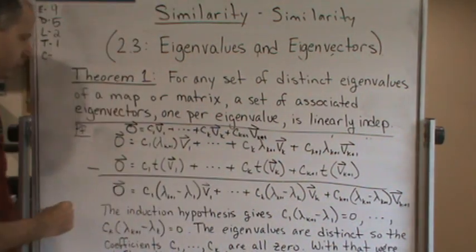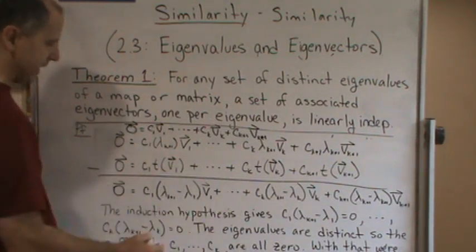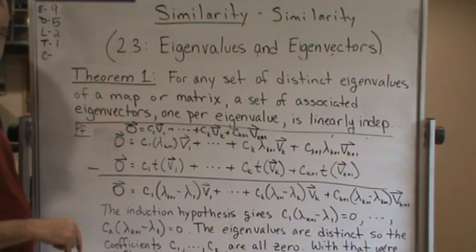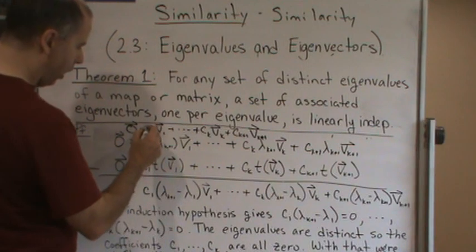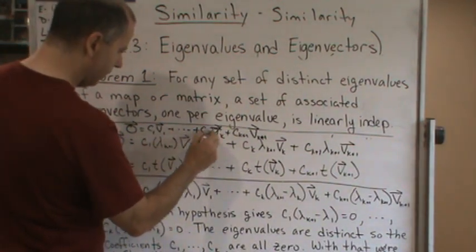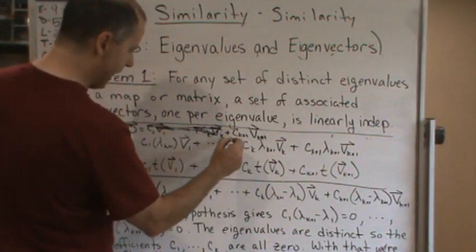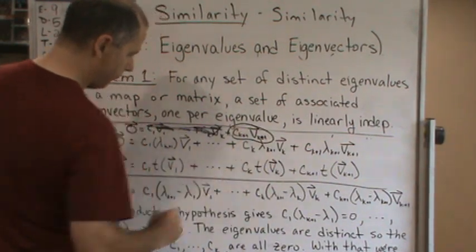Now that we know that all of the c's, c1 through c sub k, all those coefficients, are 0, all of these go away except for the last term.